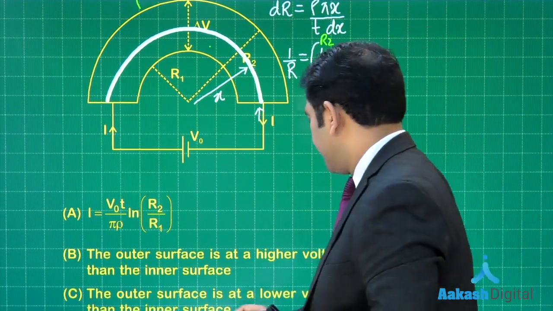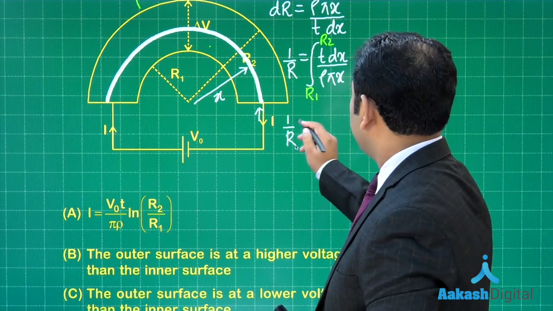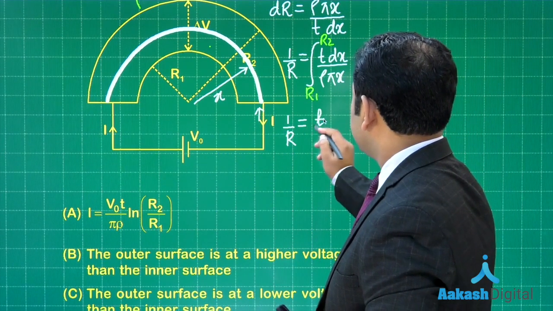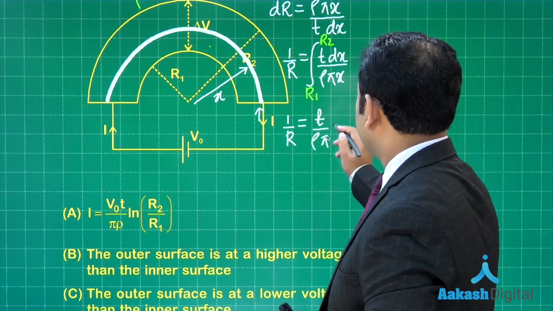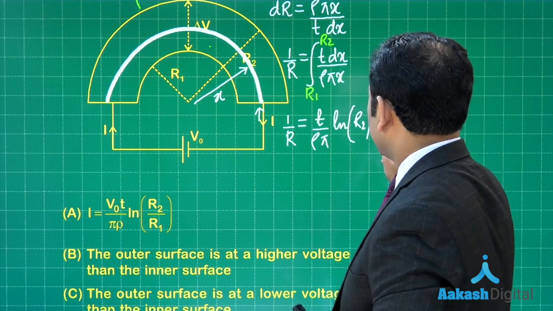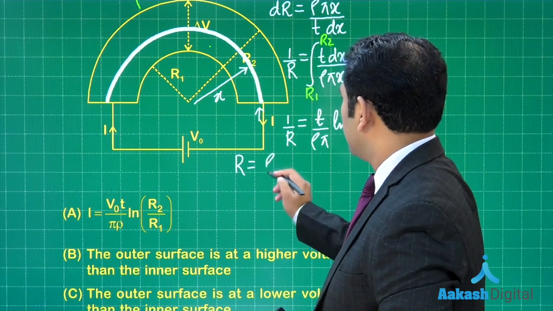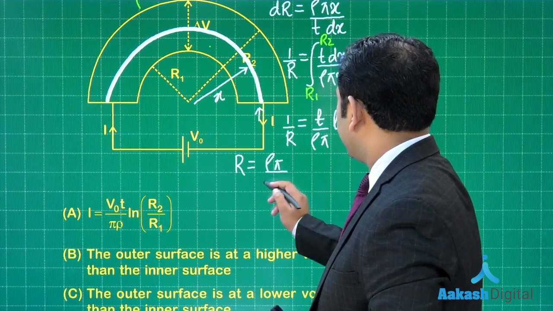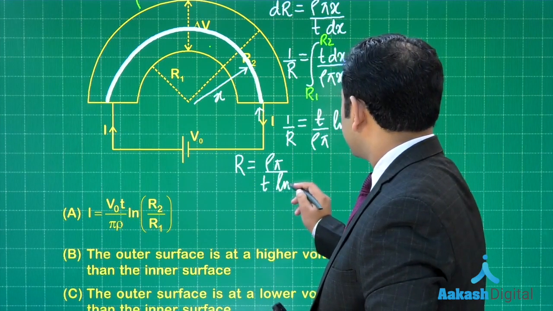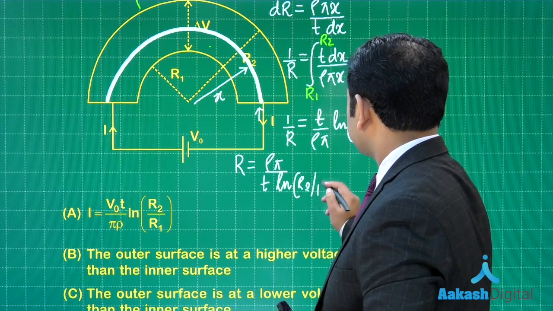Okay, now how much will be the value of resistance? Let's see. To calculate, I can say 1 by R is going to be T by rho pi natural log of R2 by R1, and the resistance will be rho pi by T natural log of R2 by R1.